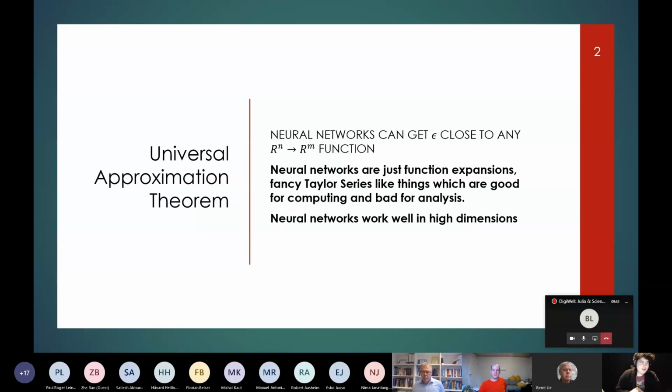The place I like to start here, especially on scientific machine learning, is the universal approximation theorem. This sounds a little bit weird, but I'll be getting to where this connection really comes in. The idea is that a neural network can get epsilon close to any Rn to Rm function.